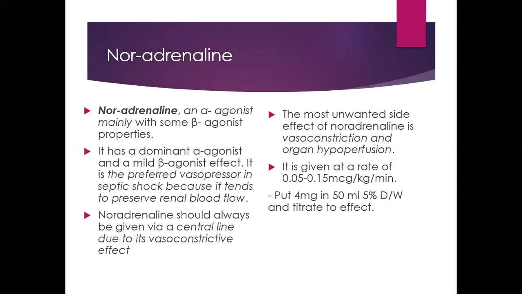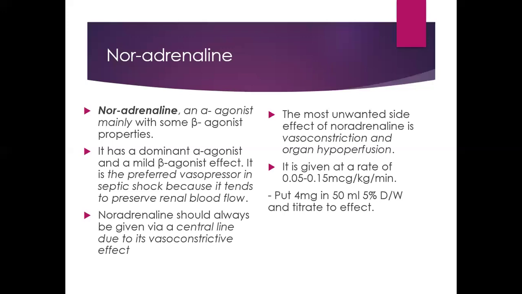The most unwanted side effect of noradrenaline, obviously, is vasoconstriction and organ hypoperfusion, especially of the splanchnic blood flow. It's given at a rate of 0.05 to 0.15 microgram per kg per minute. It depends if you're using syringe pumps or syringe drivers.